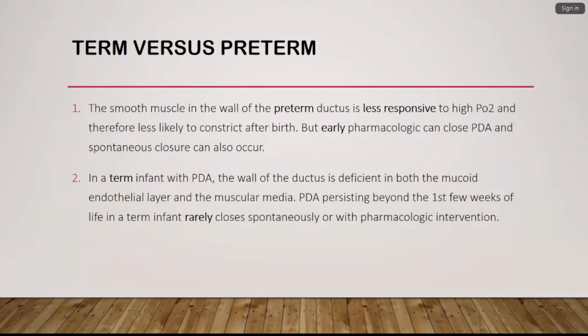But in a term infant with PDA, the wall of the ductus is deficient in both the mucoid and endothelial layer, which causes persistent PDA. If the PDA persists beyond the first few weeks of life in a term infant, it rarely closes spontaneously or with pharmacological intervention.